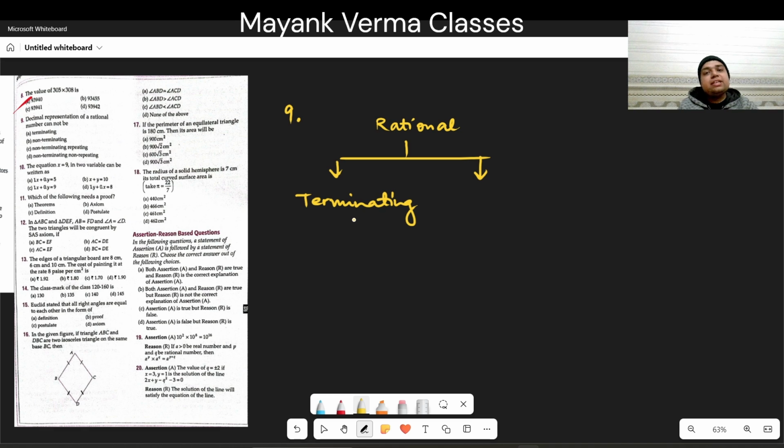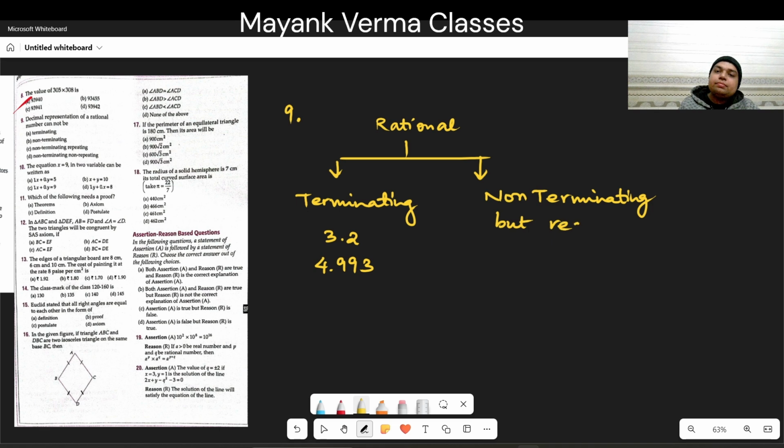After some time it is ending, like 3.2 or 4.993. So after some time it is terminated, there is an end. Or non-terminating but recurring. So that means it is not ending but it is repeating itself.